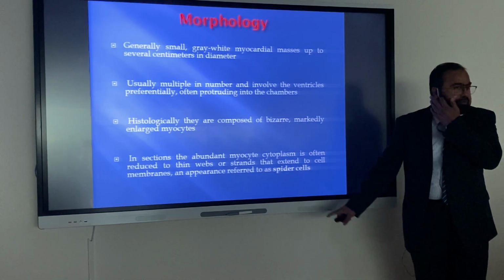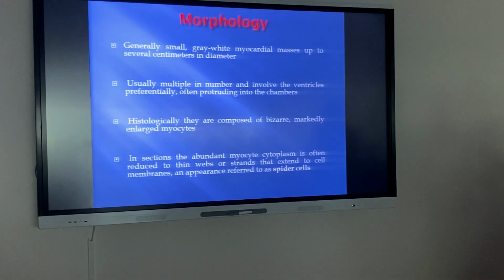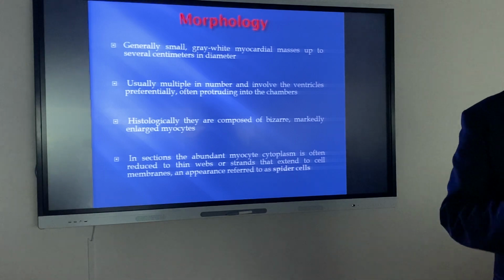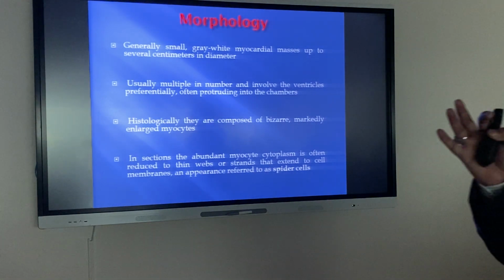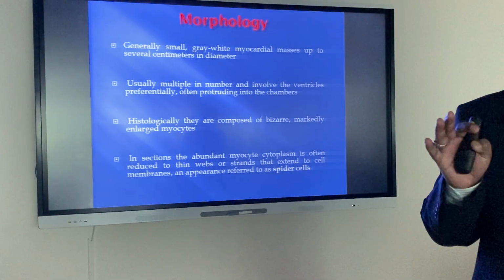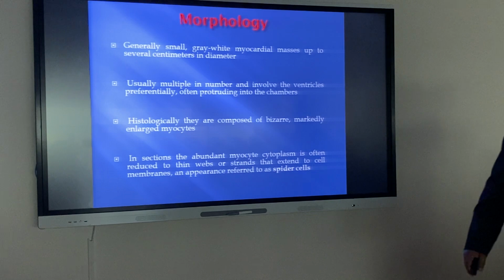Why? What does it mean? Basically, the myocyte has abundant glycogen, right? So when you process the heart or the tumor, sometimes the glycogen goes out of the cytoplasm, so you only see a background without a pink color.